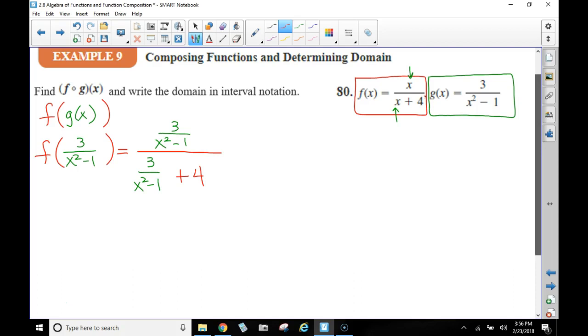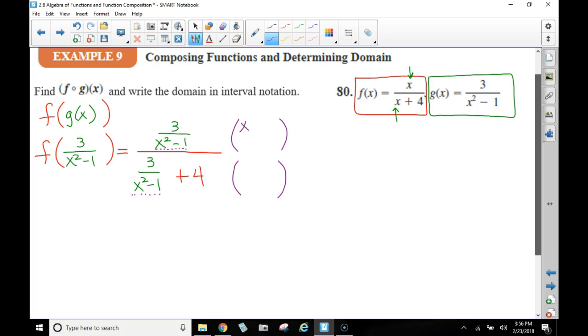I think one of the easiest ways to simplify a complex fraction is to multiply the numerator and the denominator by a creative form of 1. And that creative form of 1 that we're going to use is the least common denominator of the denominators within your complex fraction.